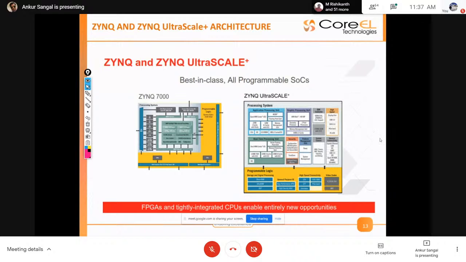This is the architecture of Zynq. In this Zynq 7000 and Zynq UltraScale. If we are talking about the Zynq 7000, you can see here we have an ARM Cortex-A9 dual core processor, and this processor is connected with different protocols.